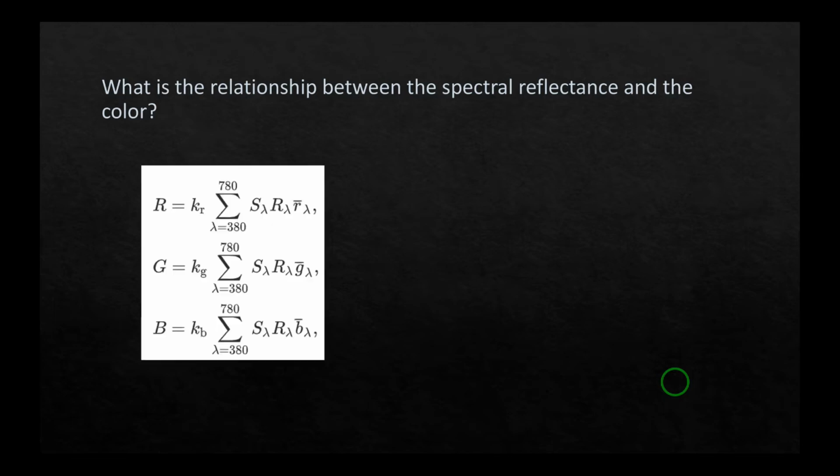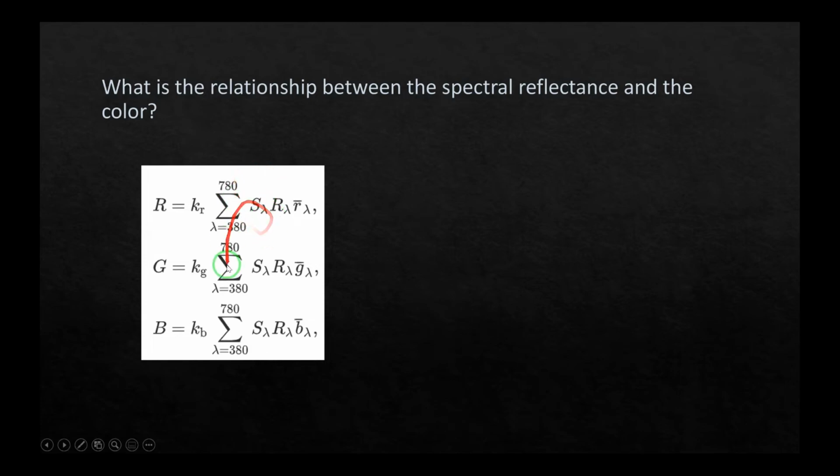All we have to do is to just do this very simple multiplication and then sum them up over the visible spectrum, where S is the spectra of the light source, and R is the reflectance spectra of the object, and RGB here are the sensitivity of the standard observer watching that particular object.